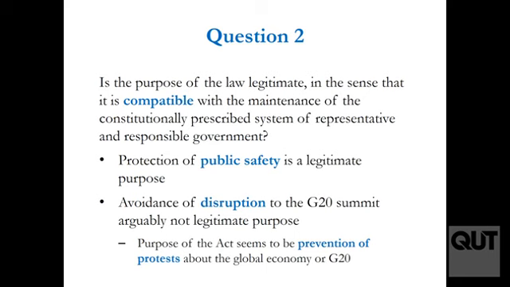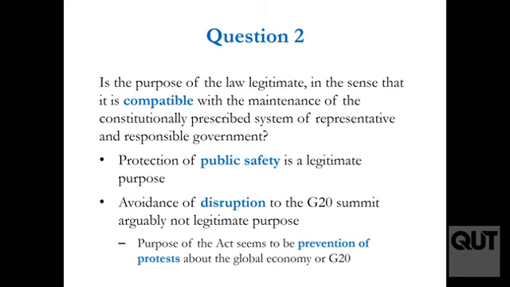In terms of a legitimate purpose, I think part of the Act is certainly legitimate. There is a public safety element here. But there's also a fact that says the avoidance of disruption to the G20 summit. Arguably, that is not a legitimate purpose because that seems to be going more to the prevention of protests about the global economy or G20.